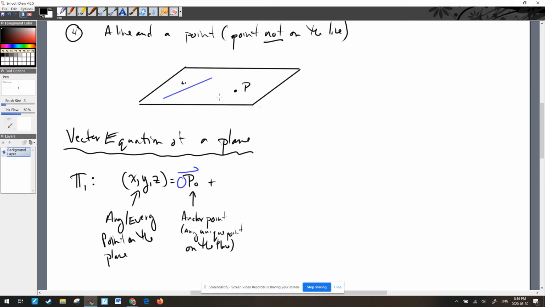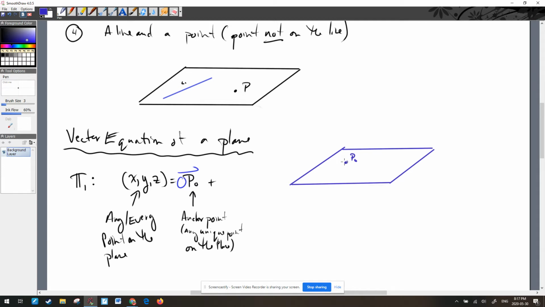So if there's a point on my plane here, maybe I'll draw a new one. So we've got our plane here, and there is my OP naught that gets out to it. There's my point that's on the plane. I can't wander in any old direction. I have to be quite specific in the direction that I wander.